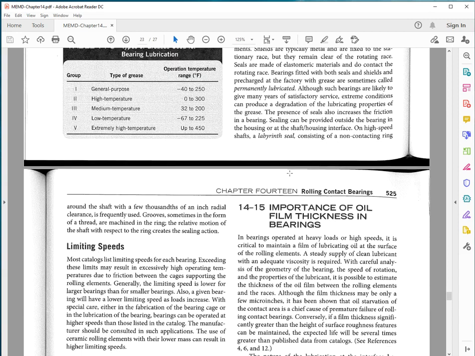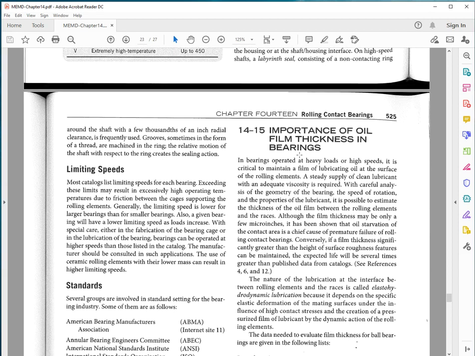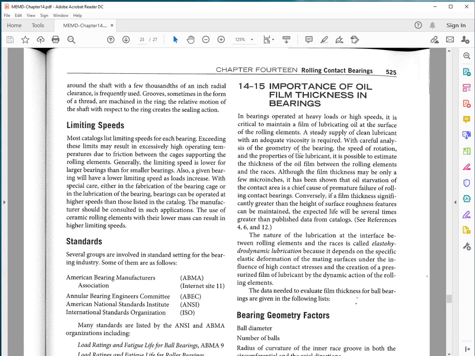The sealing problem: you want to keep contaminants out. Seals can be built in with the bearing. Bearings can be sealed on one side or both sides, and they can be shielded on one side or on both sides. Sealing means they're watertight.